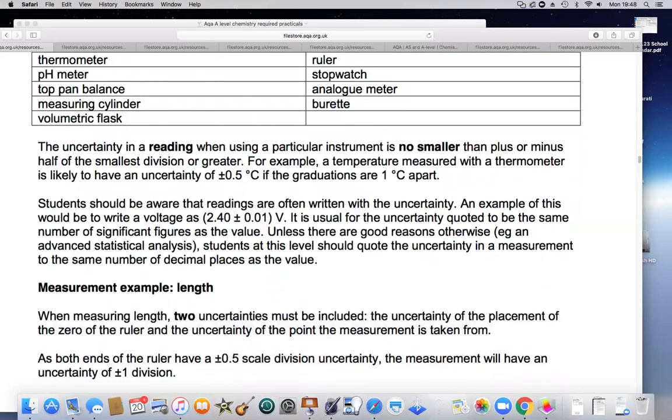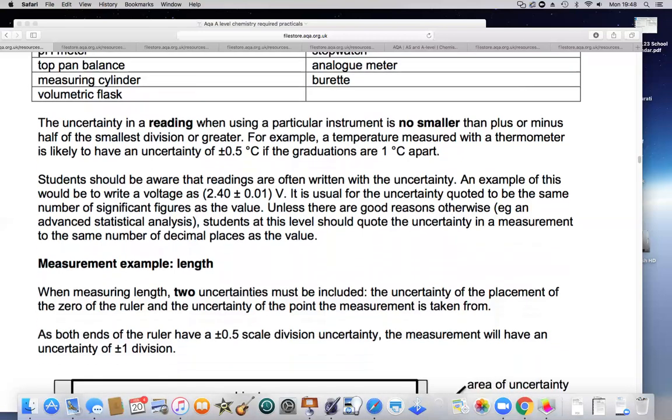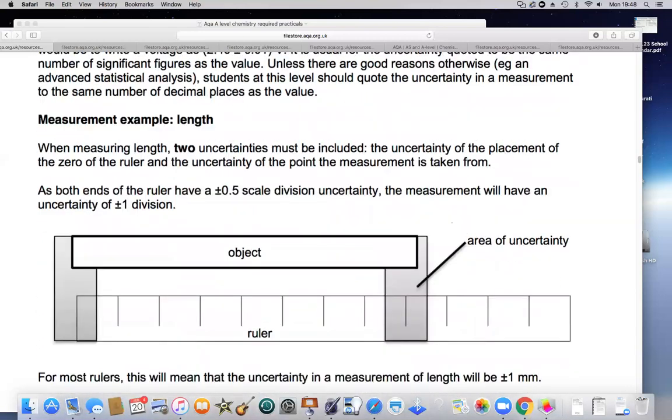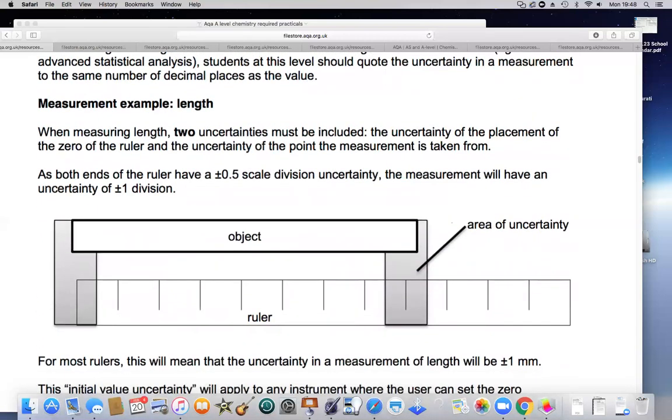So generally speaking, the uncertainty of a reading using a particular piece of equipment is plus or minus half of the smallest division or greater. So if you're using a thermometer where the graduations are 1 degree Celsius apart, the uncertainty is plus or minus 0.5. Now, here's an example using a ruler, and this applies to a burette as well.